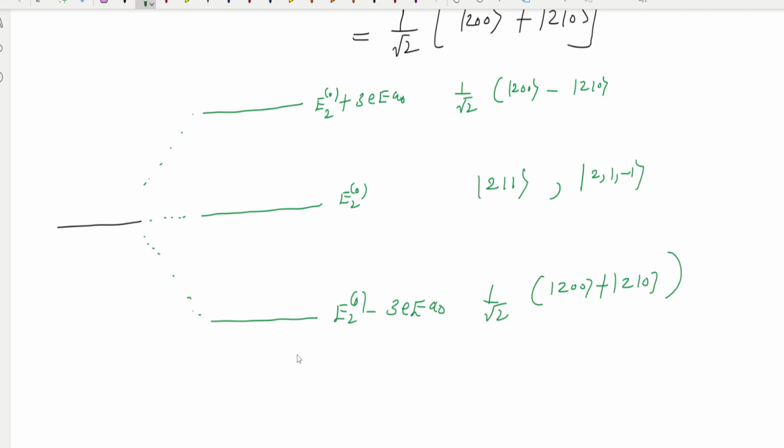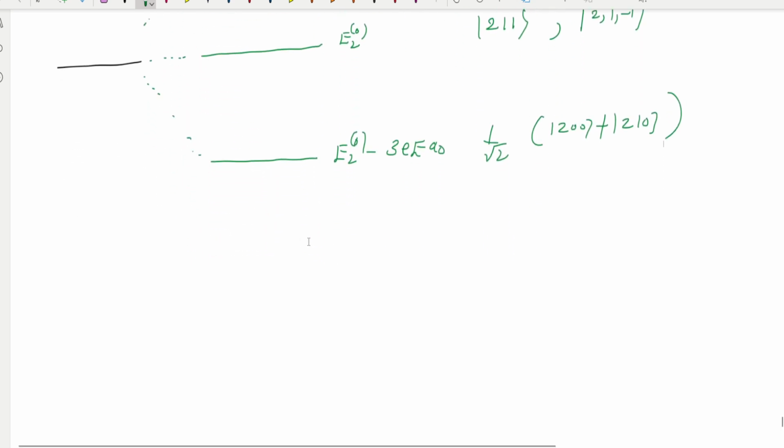Okay. This is all about the Stark effect of the hydrogen atom. This figure shows the energy levels and wave functions of the first excited state of a hydrogen atom in an electric field. So this is very, very important.